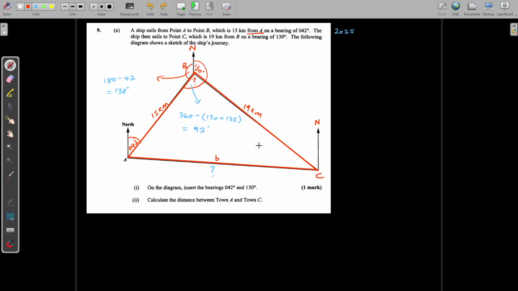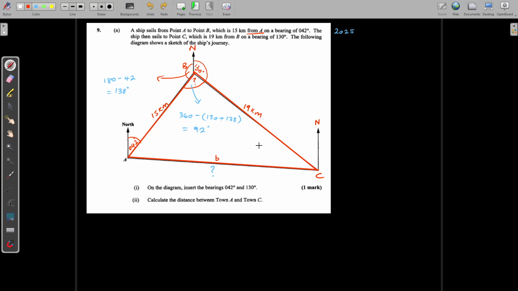So now that we have that established, we can go ahead and apply the cosine rule. Remember, I told you guys that whenever we're using the cosine rule, whatever we're trying to find will always start or end the formula that we use.